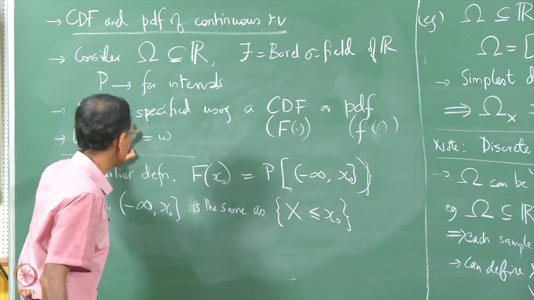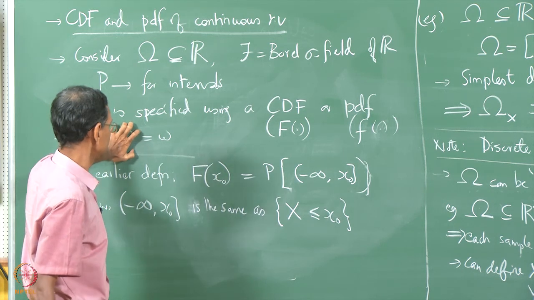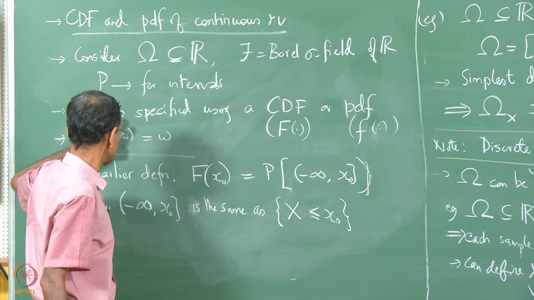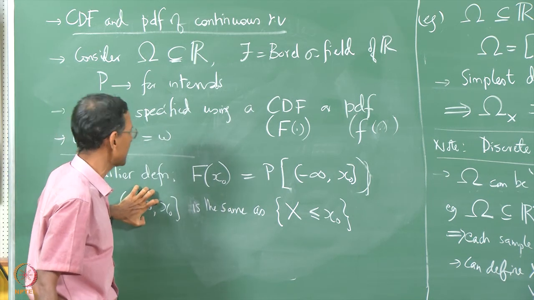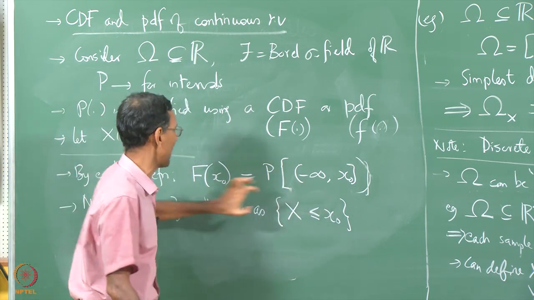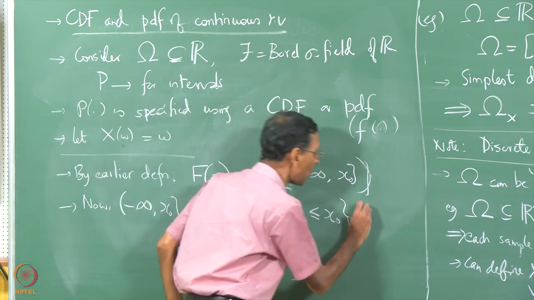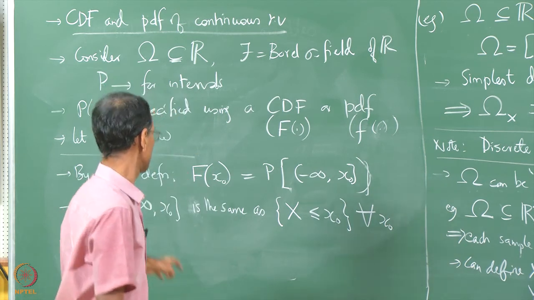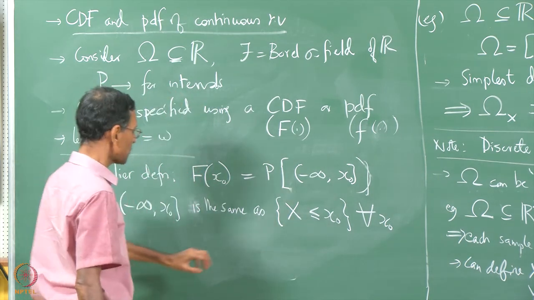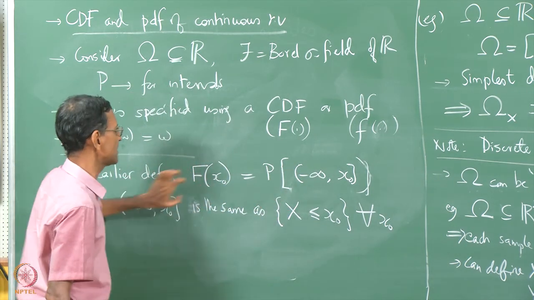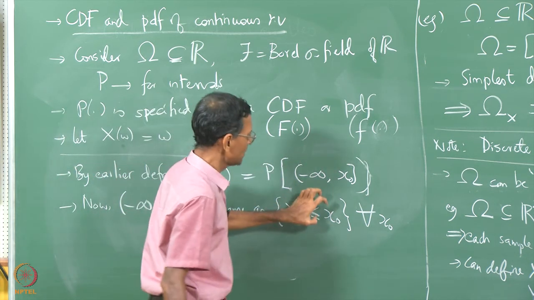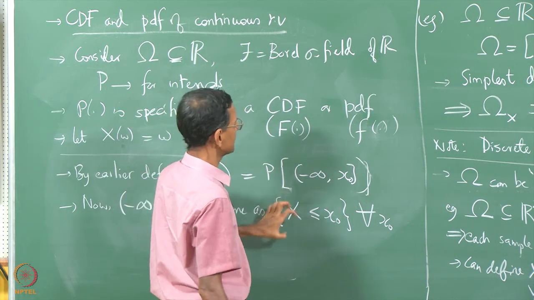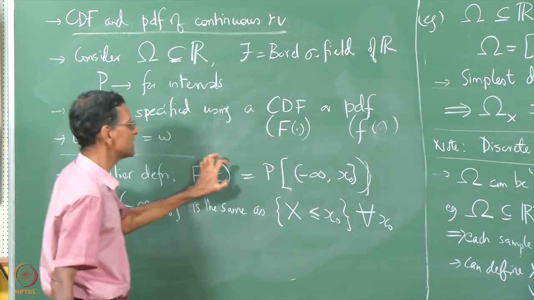So if you define this for any experiment where the sample space is some portion of the real line, you define X of omega equal to omega, then these two are the same events for all values of x naught. Any real number x naught you pick, these two have to be the same, and therefore the probability of this event is the same, and you can attach the random variable to the CDF, right.